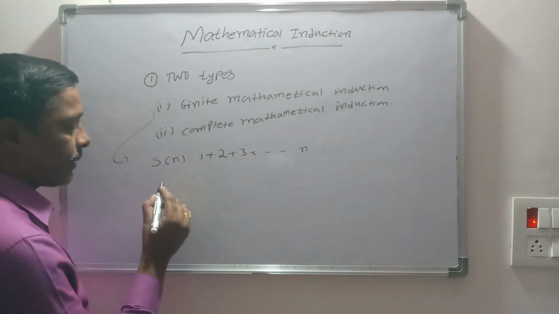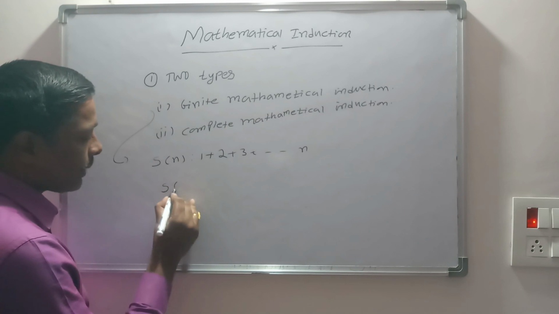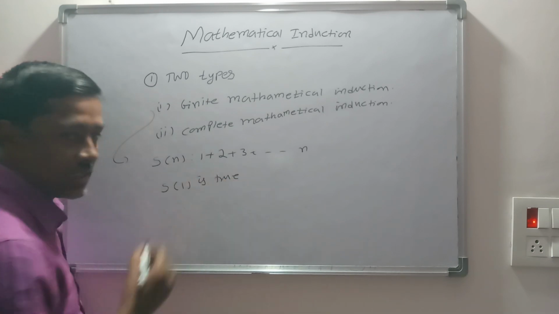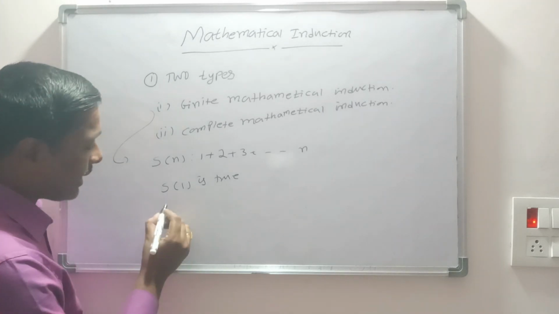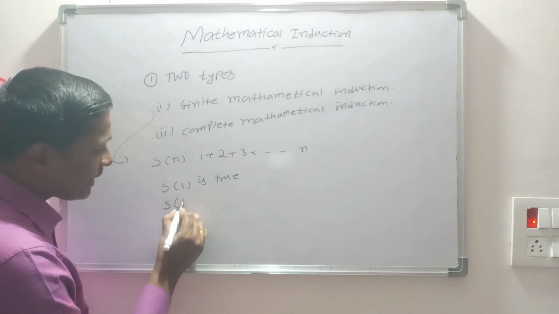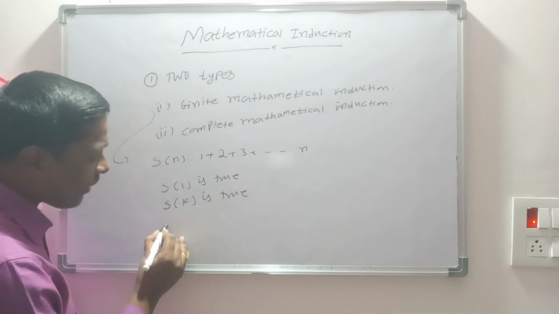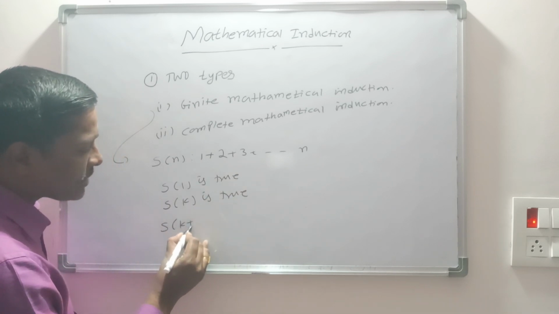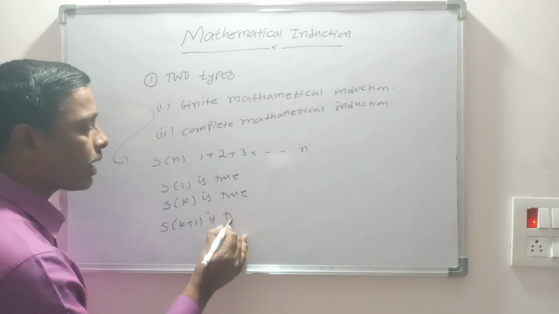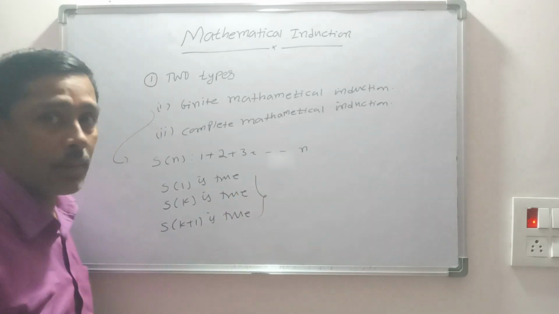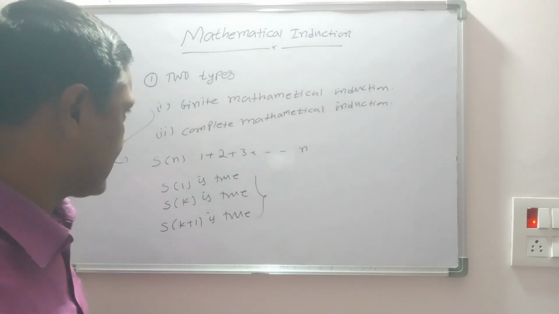First of all, S of 1 is true. This is the first step. After that, you assume that S of k is true. Then find S of k plus 1 is true. It is called finite mathematical induction.